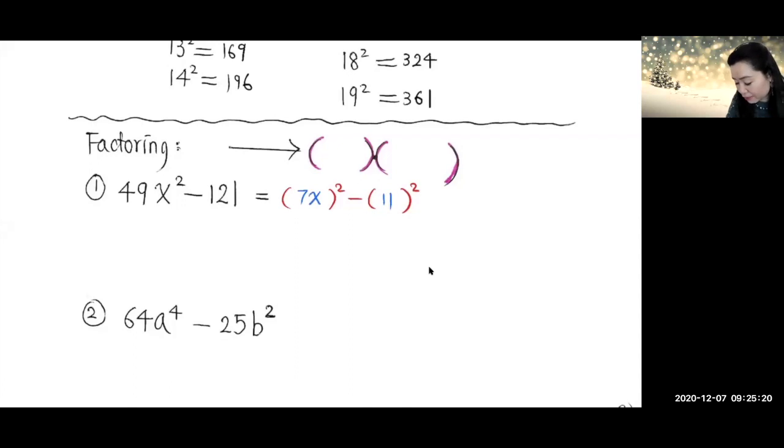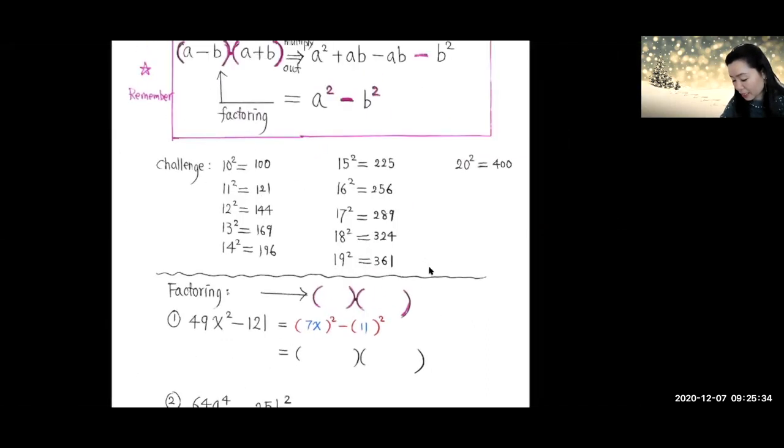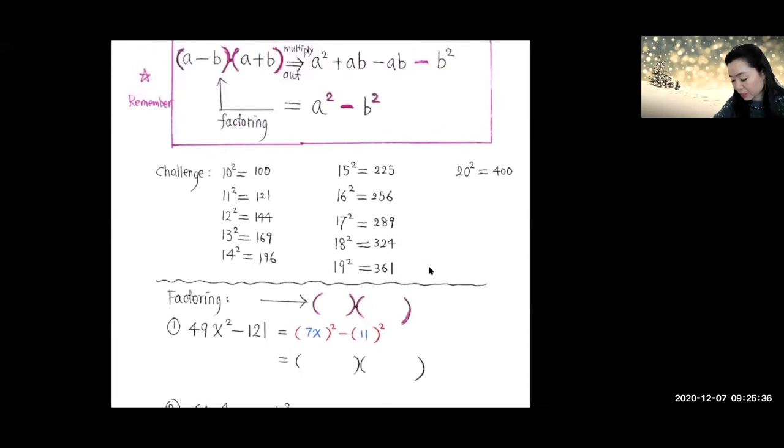So if it's a difference of two squares, then we can factor that into two factors, according to that difference of two squares formula. Remember? If you have a difference of two squares, you can factor that into the base here subtracting the base here, times the base here adding the base here.